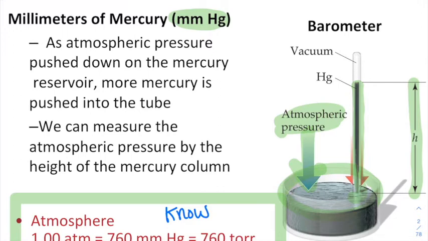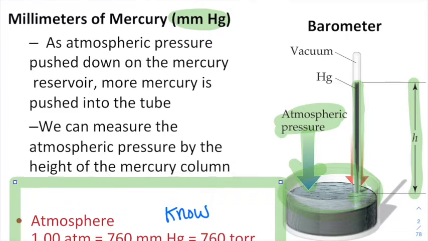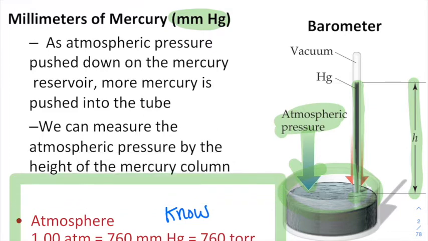Torr was named after somebody, I believe Torricelli from Italy. Millimeters of mercury came from literally measuring that column of mercury, but they are the same unit. Another way of saying that is for every 1 millimeter of mercury, there is exactly 1 torr.